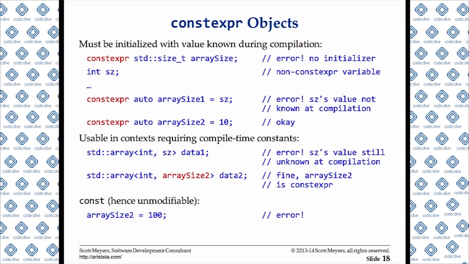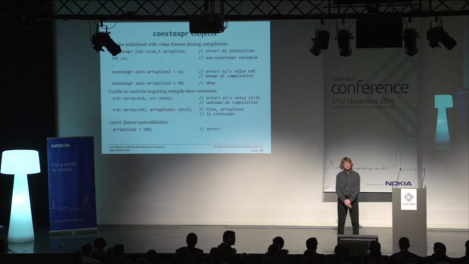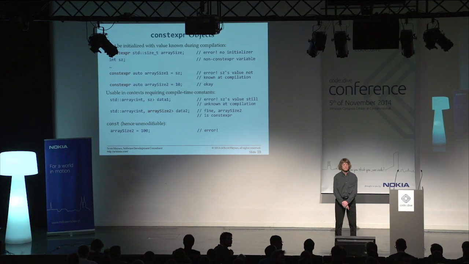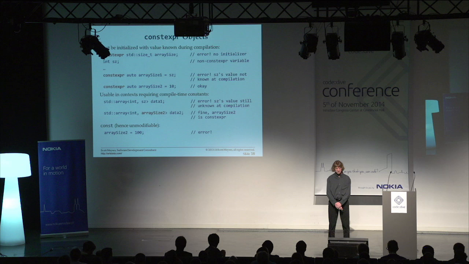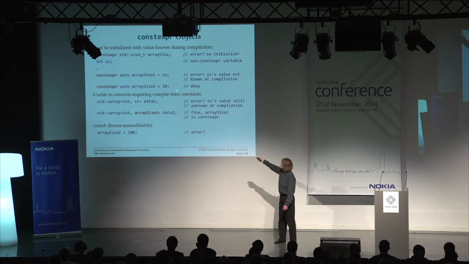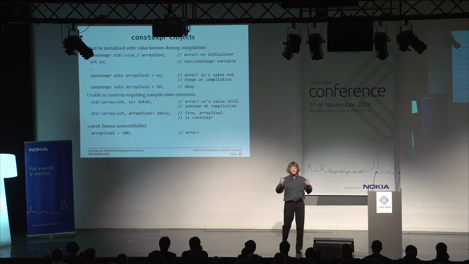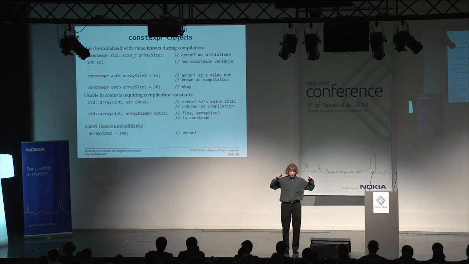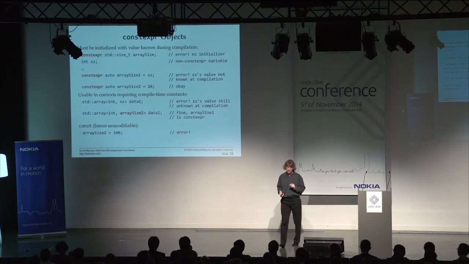Yes? You mentioned that when I use auto and initialize with a number, it would be int, but an initializer list. All right, so the question is about this initialization here. What I actually said was, if you initialize something using braced initialization, using the curly braces, then you're right, I'd get an initializer list.